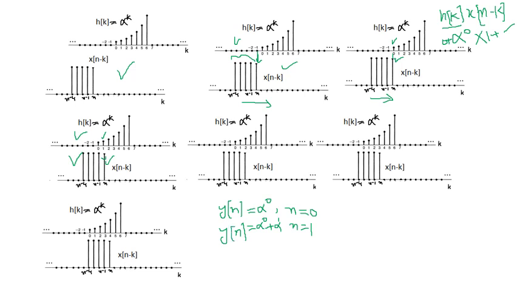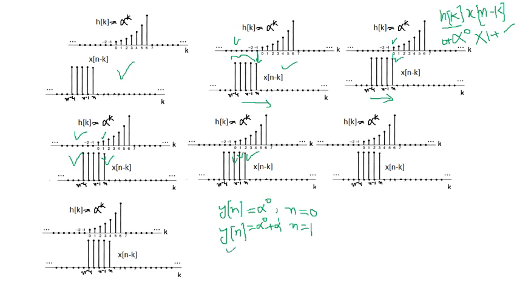Again, you can observe for n equals 2, we have 3 non-zero overlap samples, right? So which are these? This one corresponds to 1 multiplied by alpha power 0, because this one is 1, so straight away we take these values. So this is alpha power 0, this is alpha power 1, this is alpha power 2.